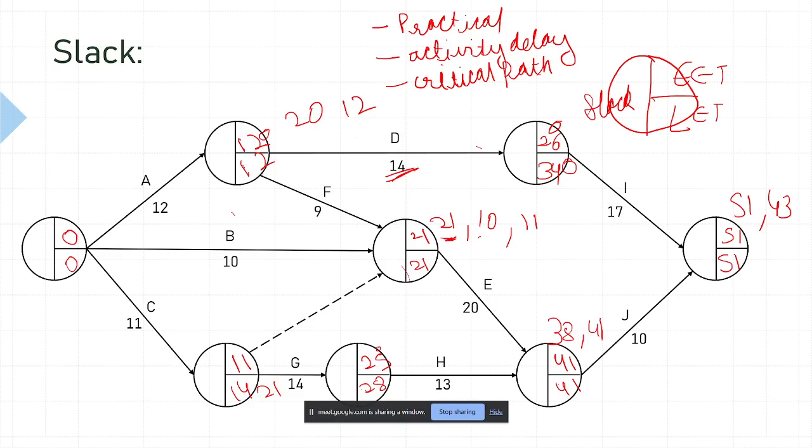No, sir, we cannot say that, because an event will never occur, it will occur only if the activities leading to that particular event are completed. Okay. So Slack helps in determining activity delay. And for critical path, if Slack is equal to 0, then it is on the critical path, right? Yes, sir. That's what you were trying to say.